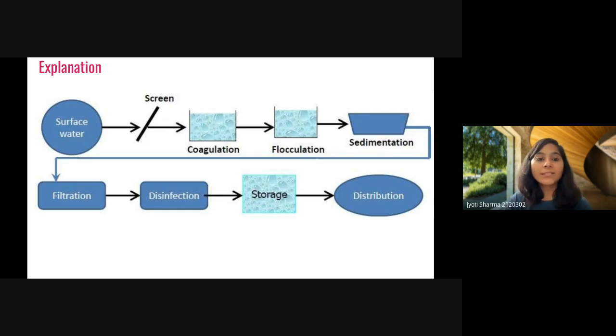Okay, so we started from here, right? Surface water, then coagulation, flocculation, sedimentation, filtration, disinfection, and after disinfection, we will store that water and distribute that water. Okay, this is what we have learned about surface water, right?